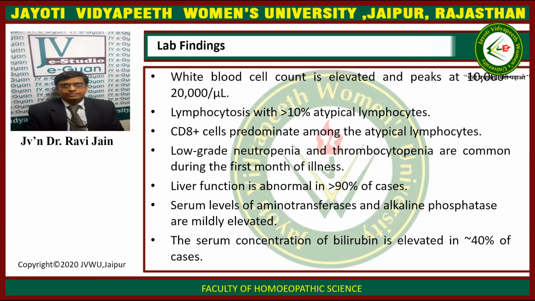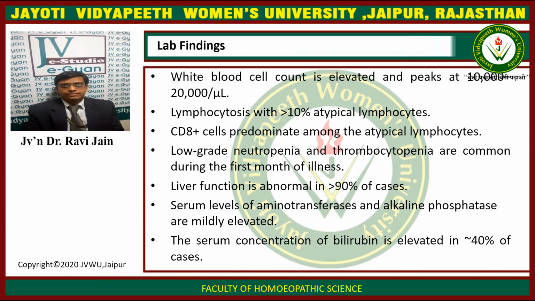Lab findings: white blood cell count is elevated and peaks at 10,000 to 20,000 per microliter. Lymphocytosis with greater than 10% atypical lymphocytes. CD8 plus cells predominate among the atypical lymphocytes. Low-grade neutropenia and thrombocytopenia are common during the first month of illness.